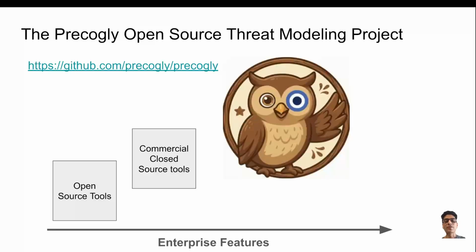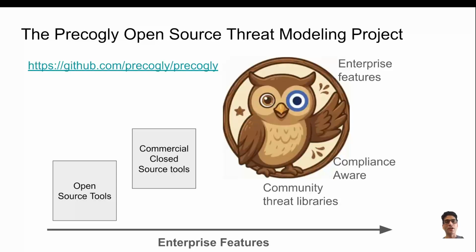And this is why we created Precogly. It is the open source alternative to commercial closed source threat modeling tools. And it comes with a number of enterprise features like organization, business unit, and team governance. You have community threat libraries.